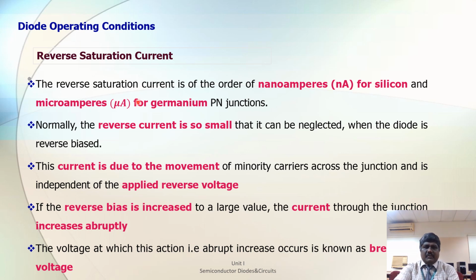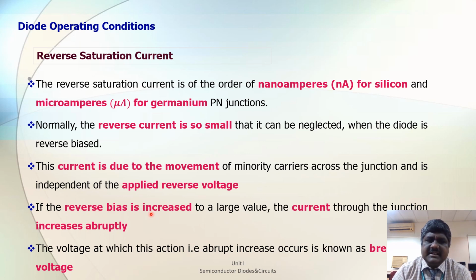Whenever the voltage crosses 0.7 V, the current will flow. In reverse saturation there is also a current, because of the movement of minority charge carriers, in the order of microamps. That abnormal current happens in the reverse bias condition.